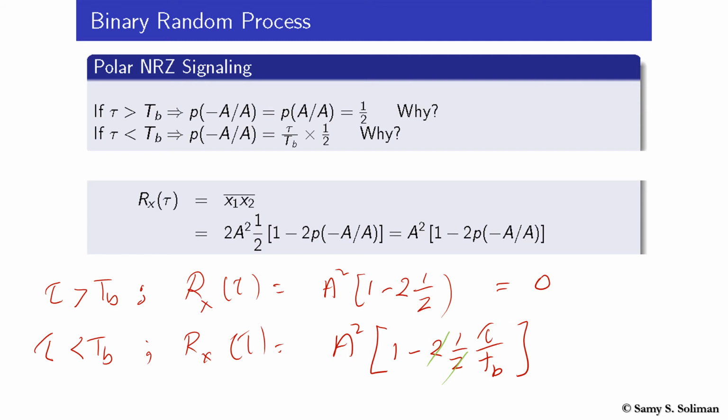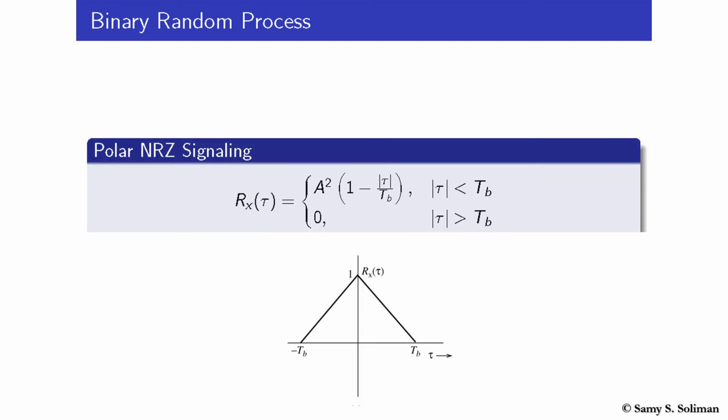Recall that the autocorrelation function is an even function, so this equation is valid for positive tau, and its even version is valid for negative tau, and hence we have the autocorrelation function represented by A squared times 1 minus the absolute value of tau over TB in case the absolute value of tau is less than TB, and 0 otherwise.